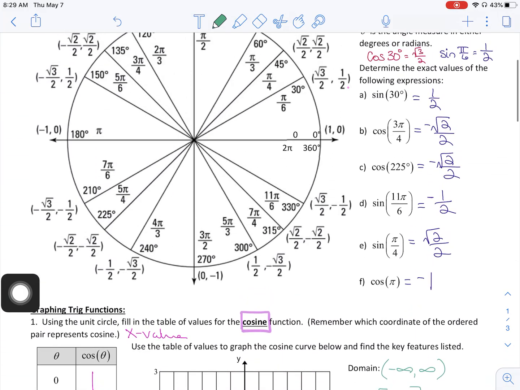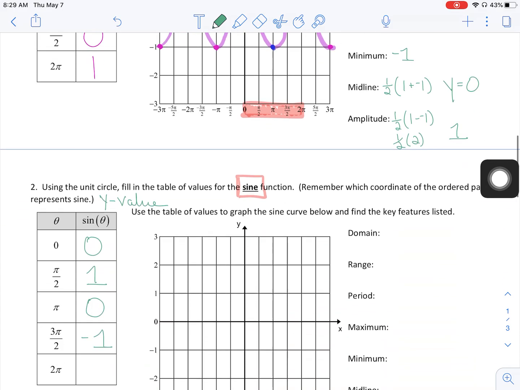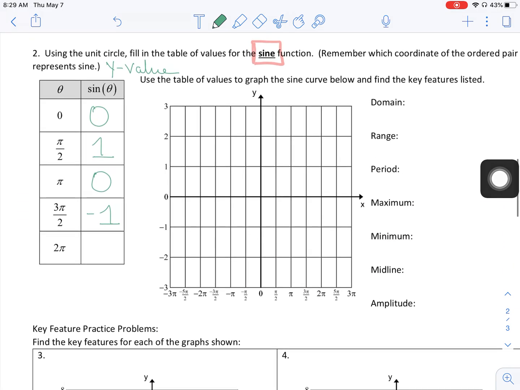Okay, 2 pi, remember, is back to the start of the unit circle. It's that one full revolution or one full rotation. And again, we're at the point 1, 0. 0 is going to be our sine value. Okay, that was the last time making that back and forth jump. So the sine of 2 pi is going to be 0.